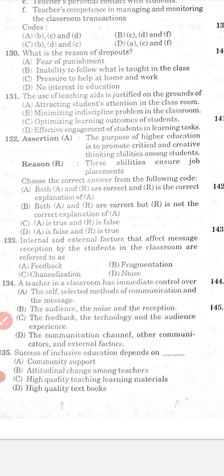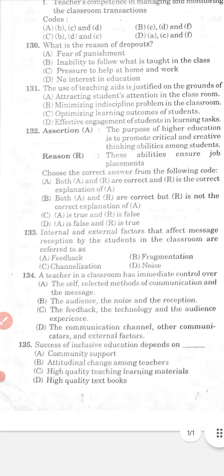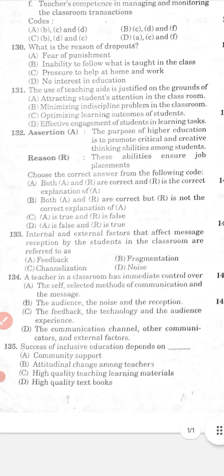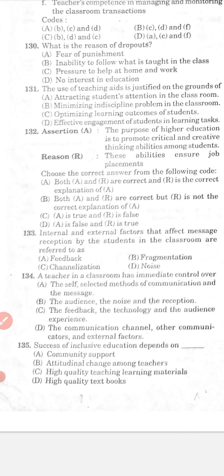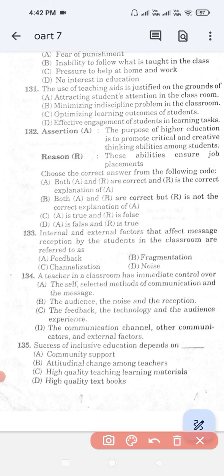Option D, A is false and R is true. So which one is the correct answer? The correct answer of 132 is option B. Both A and R are correct, but R is not the correct explanation of A.